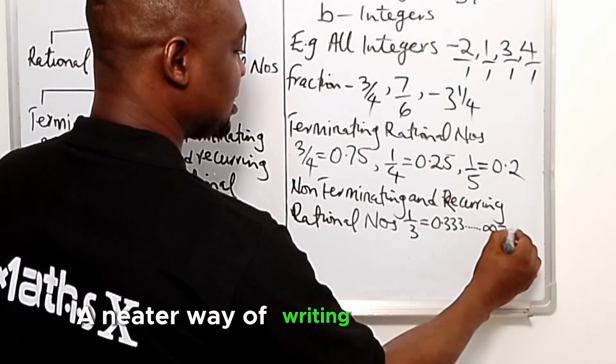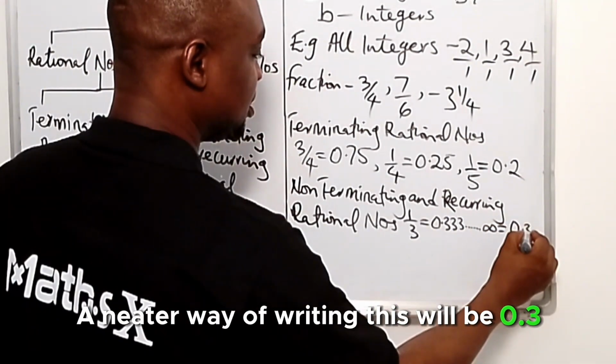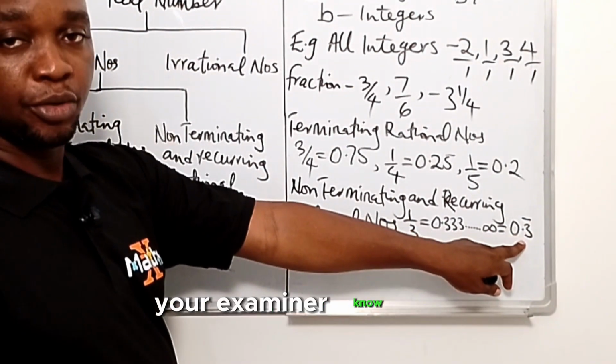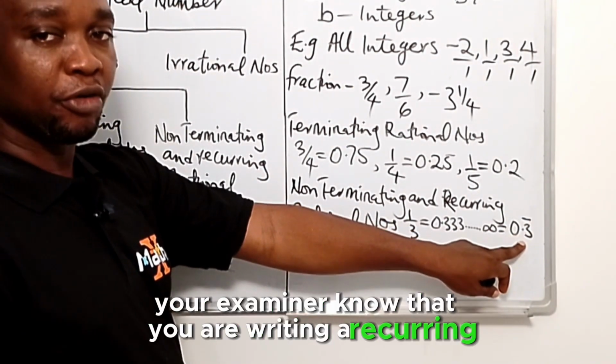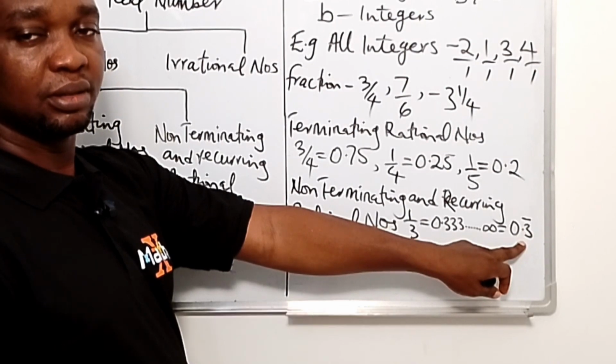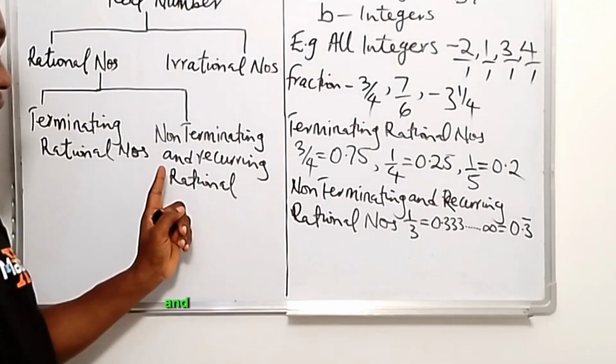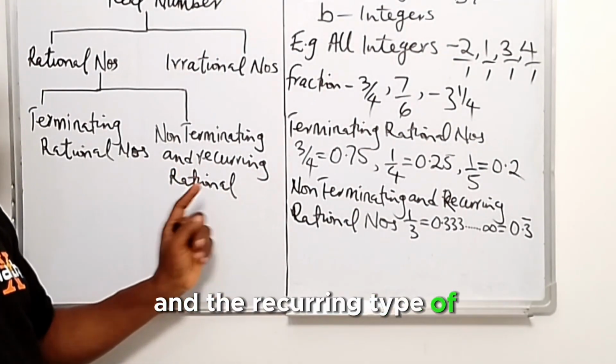A neater way of writing this would be 0.3 with a slash on top. This makes your examiner know that you are writing a recurring decimal number. So this is a rational number that is non-terminating and the recurring type of rational number.